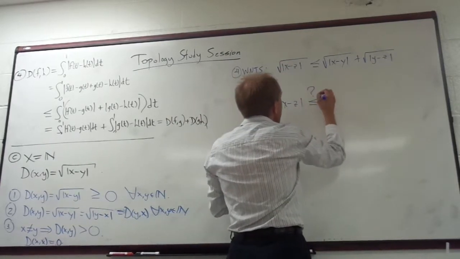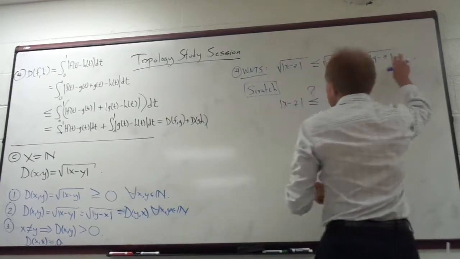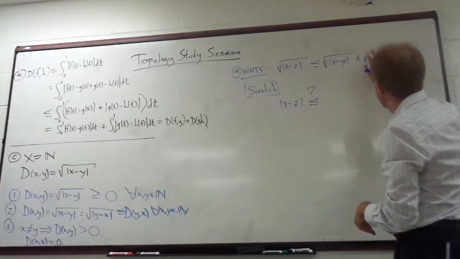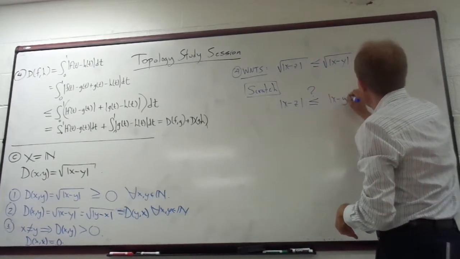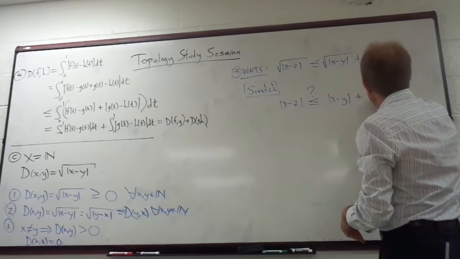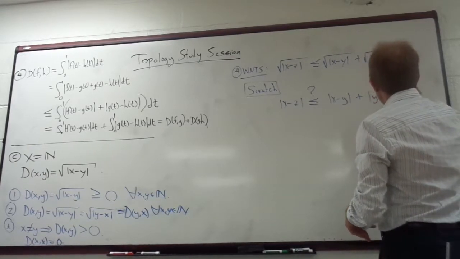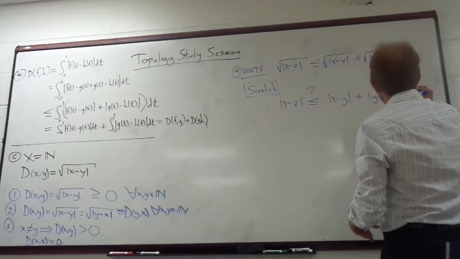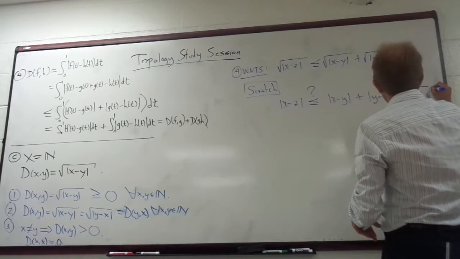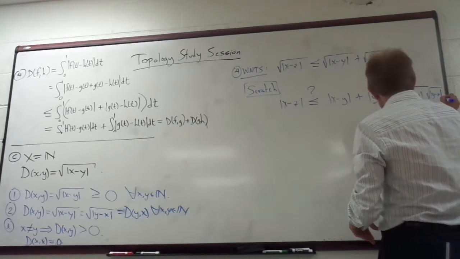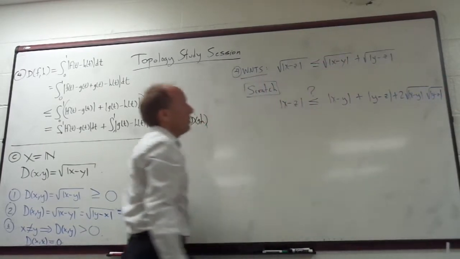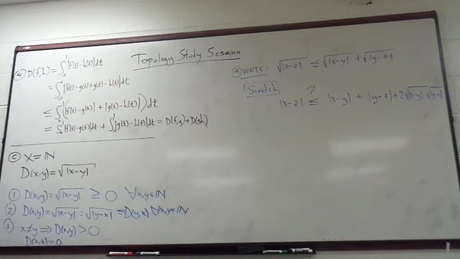And if I square the right side, what will I get? Absolute x minus y plus absolute y minus z plus 2 times radical absolute x minus y radical absolute y minus z. Right? So the question is, is that true?